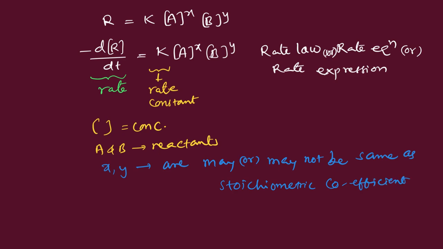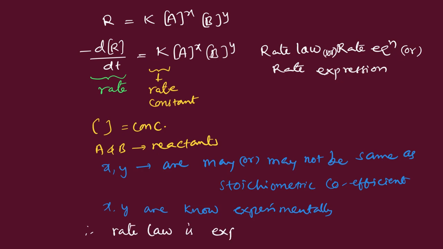Then how do we know this x and y? x and y are known experimentally. Therefore, rate law is experimentally determined. Now, what is the rate law?